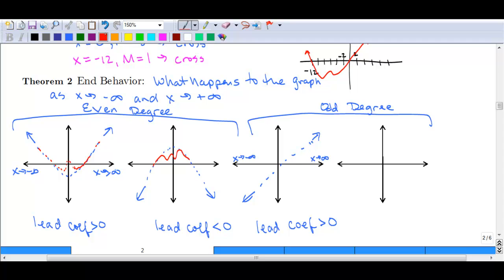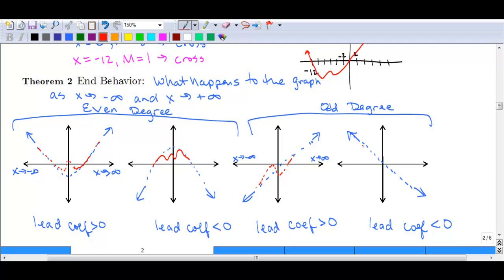Again, depending on what kind of function you have, it is possible that you might have kind of a wiggle in here if you've got something like a cubic or a quintic function, but it's always going to be kind of increasing when you have a positive lead coefficient. Again, if you flip this over, if you have a lead coefficient that is negative, then it is going to be decreasing from left to right.